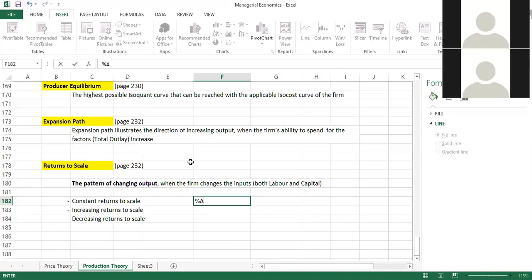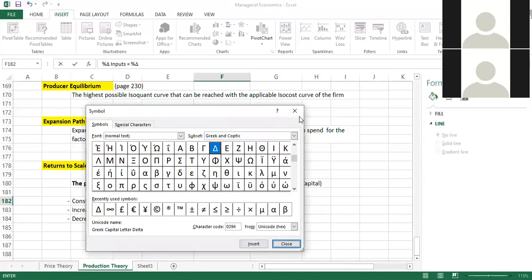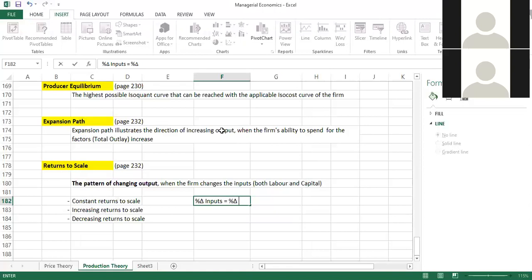The percentage change in inputs and the percentage change in output will be equal. So that is the meaning of constant return.